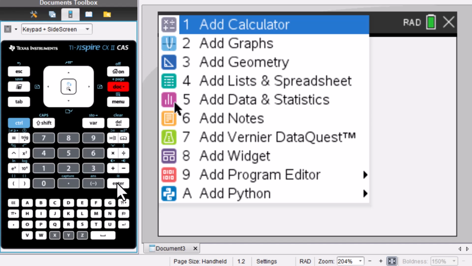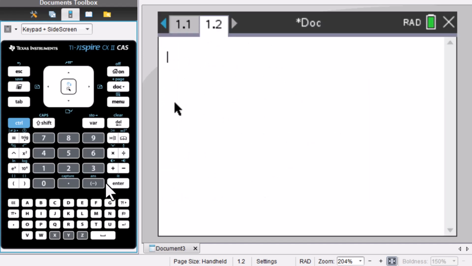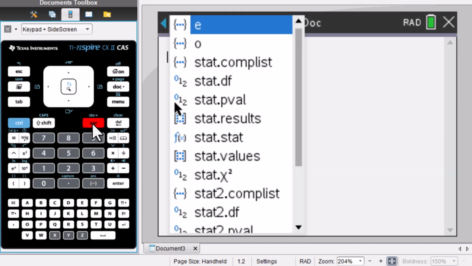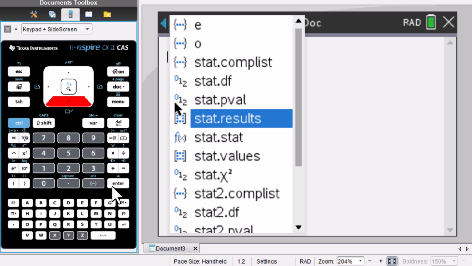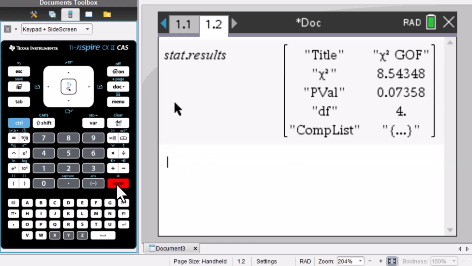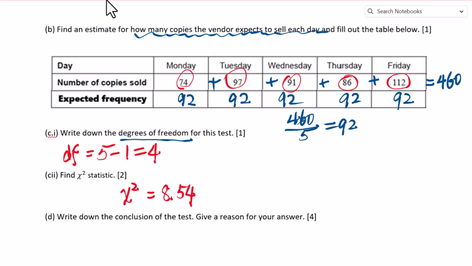Add calculator. Then click these variables. Go down to stat results. Enter. You could see the result more clearly. Chi-squared equals 8.54.